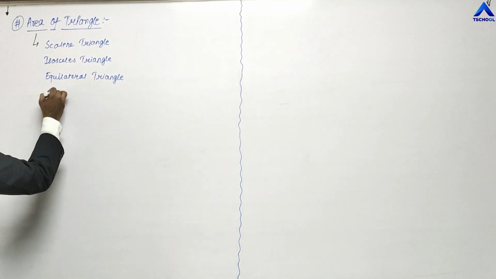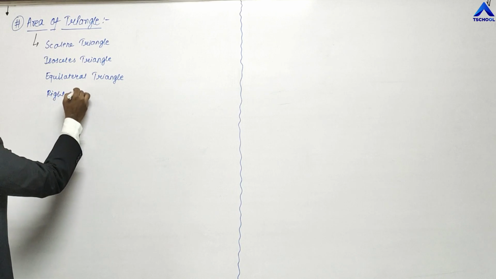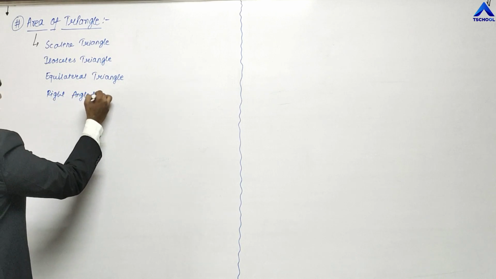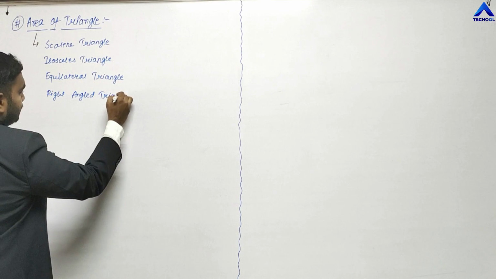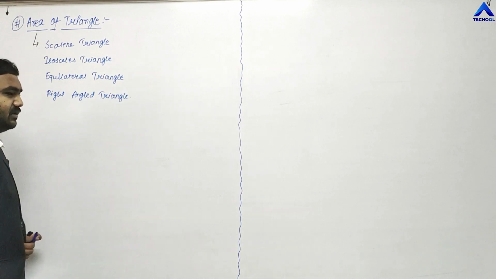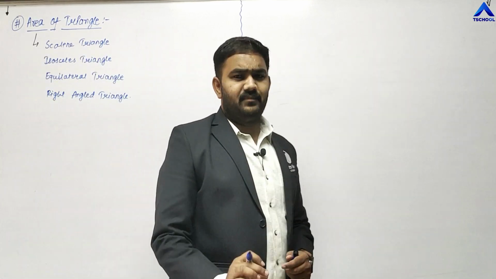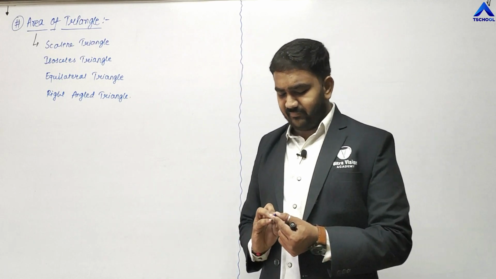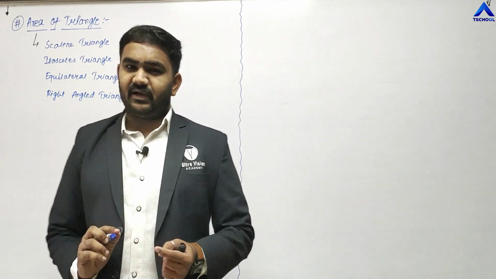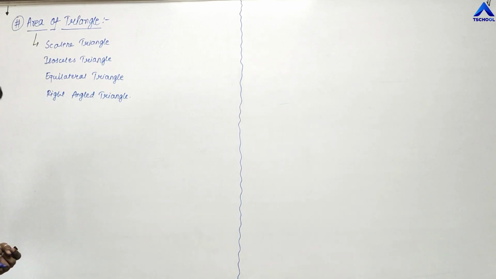And the fourth one is a right angle triangle. Right, these are the 4 main basic types of triangles that we know, that is scalene triangle, isosceles triangle, equilateral triangle or right angle triangle.